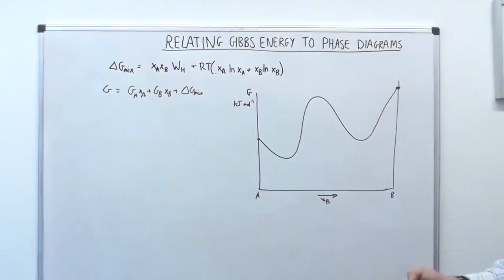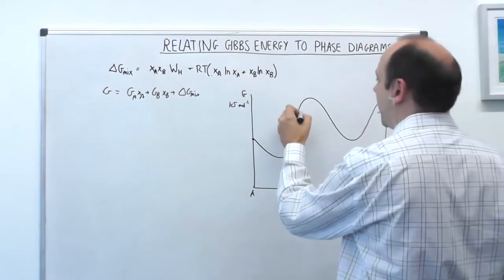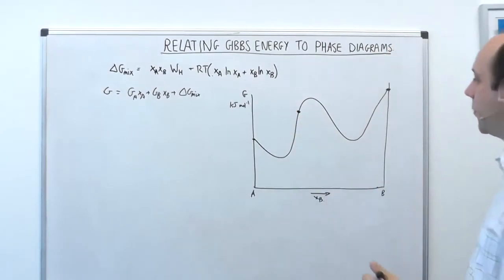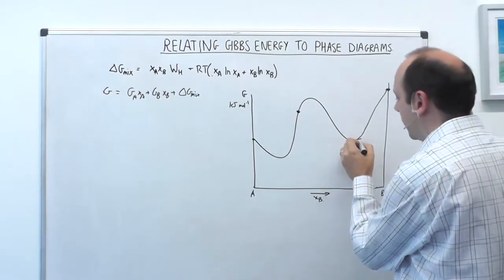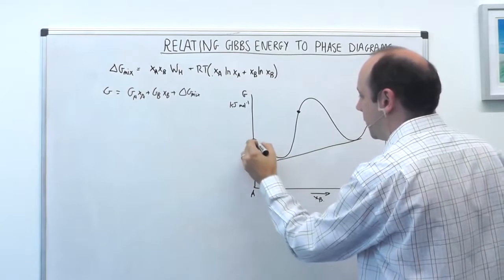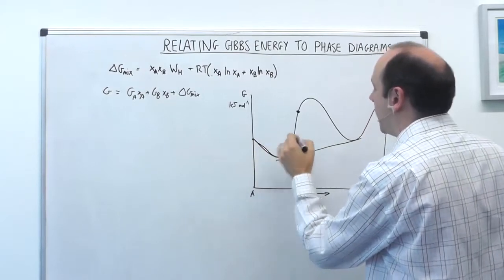And what that gives rise to is if we consider an alloy here, it can lower its overall energy by forming an alloy that's a combination of these two over here.